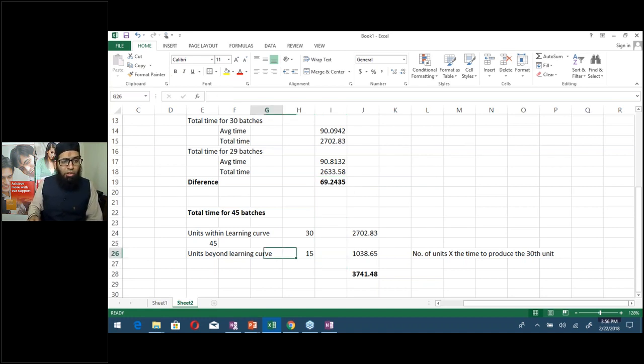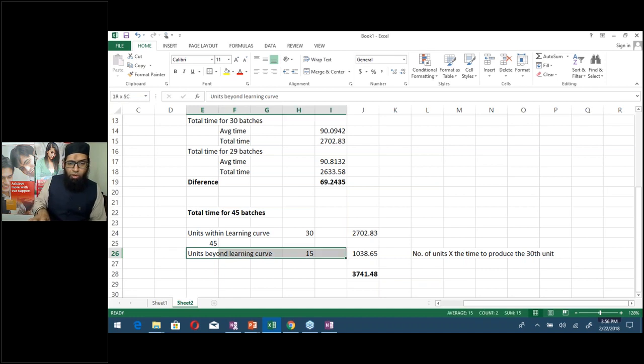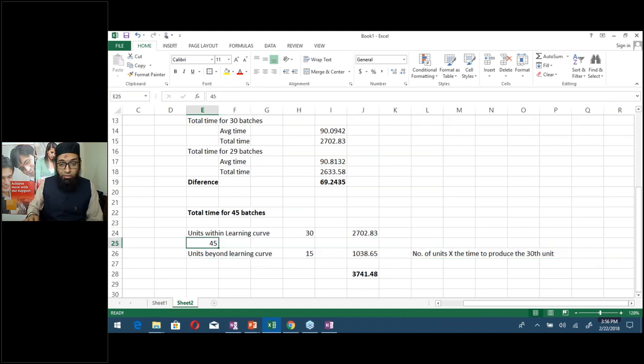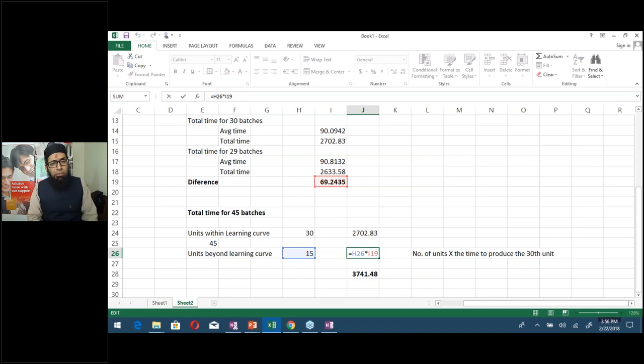So the units beyond the learning curve should always be calculated as number of units multiplied by the time to produce the last unit before cessation. Now the last unit before cessation was the 30th unit, and we had calculated its time, which was 69.2435. So the total 15 units will take 15 multiplied by 69.2435.